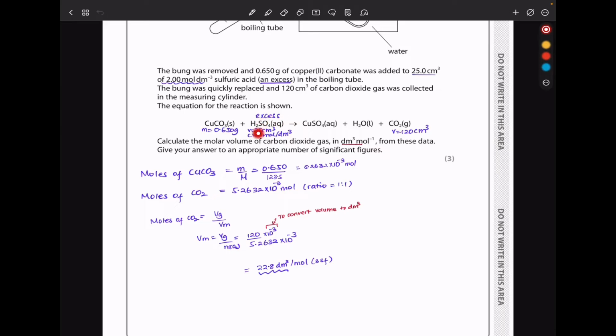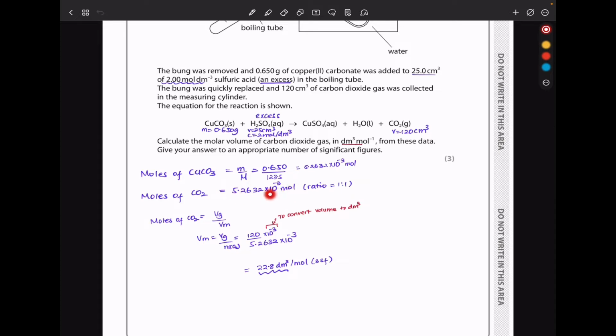Since the acid is in excess, I'm going to use the moles of copper carbonate. So number of moles of copper carbonate will be 0.650, which is the mass, divided by the molar mass, which is 123.5. And I got 5.2632 times 10 to the power negative 3, and that is moles. When we look at the mole ratio, it's 1 to 1. So the moles of copper 2 carbonate are going to be the same as the moles of carbon dioxide gas.